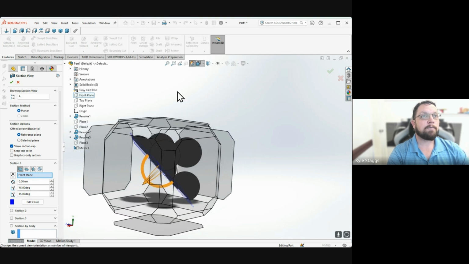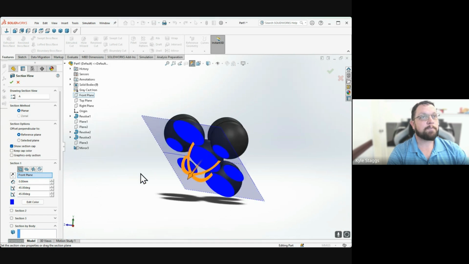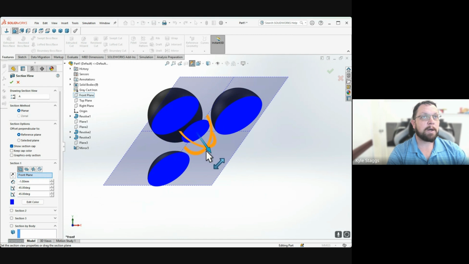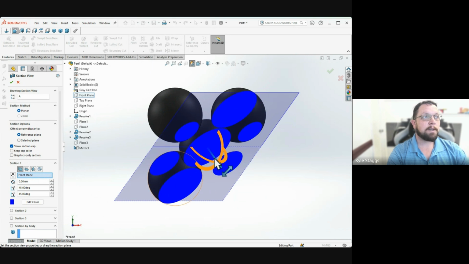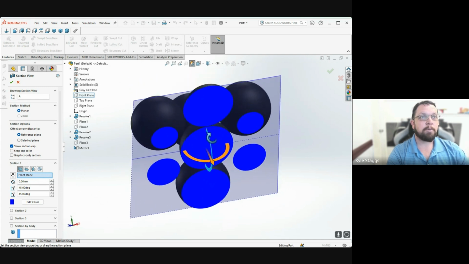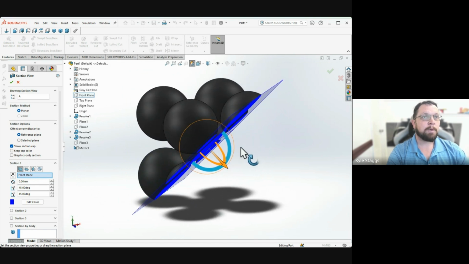If we look at it from the front view, we're looking at the cross section, and you can move that up and down through the pattern, but you don't have exactly a complete sphere represented because of the way that this works.